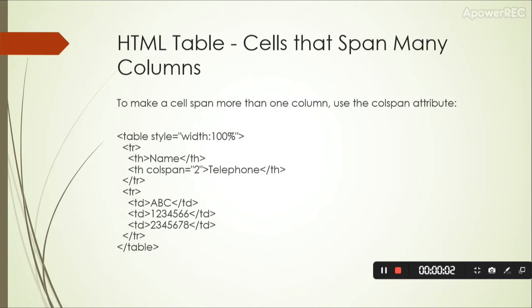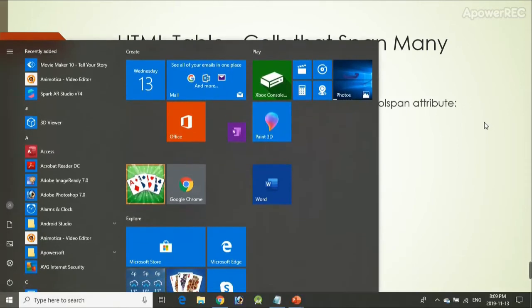HTML table. Cells that span many columns. To make a cell span more than one column, use the colspan attribute. Like previously we used table, then width is equal to, you can also write style in front of the width. Then table row, table heading, colspan.